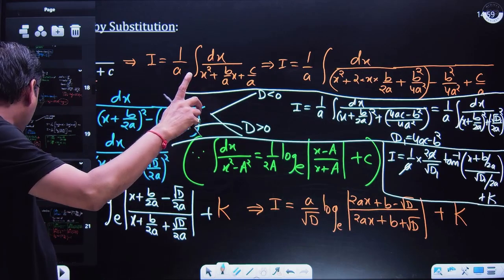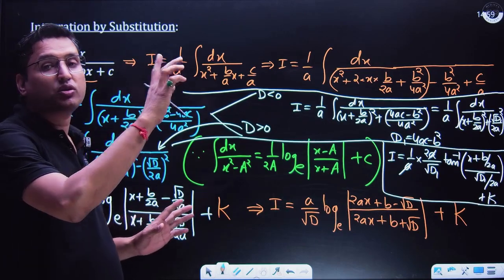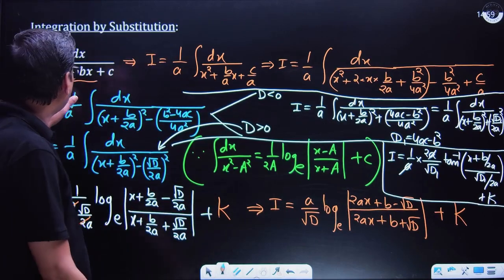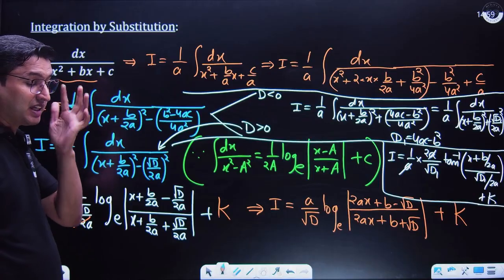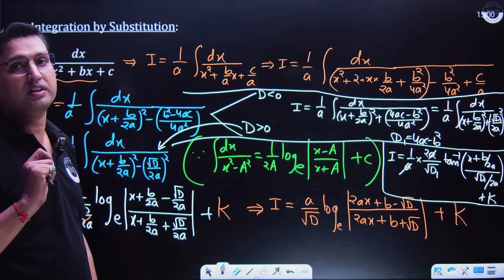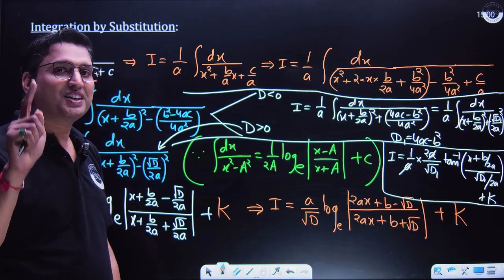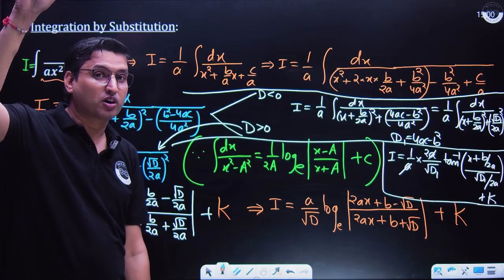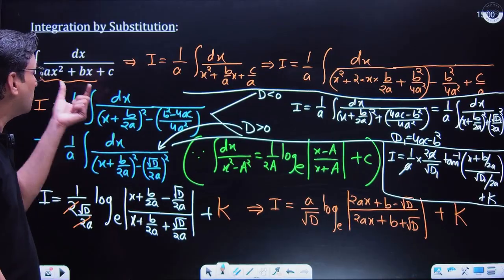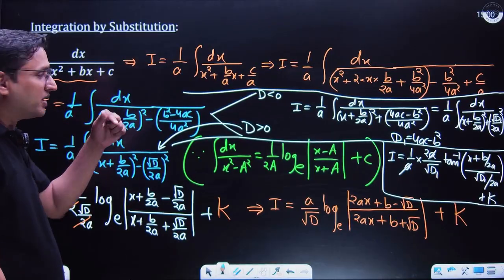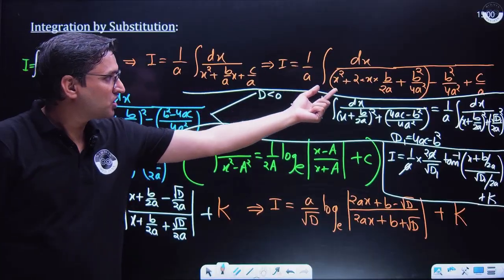Now this was the general derivation of the type dx upon ax square plus bx plus c, which is nothing but a general quadratic expression. For that quadratic expression we utilized the completing the square method and simplified it.